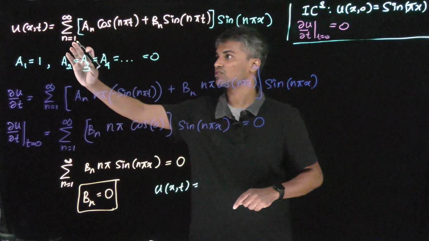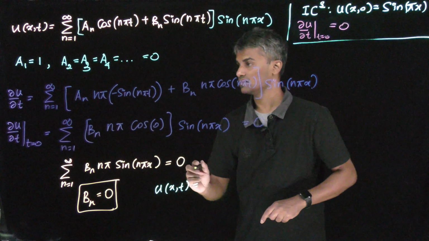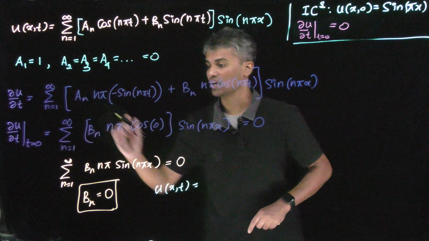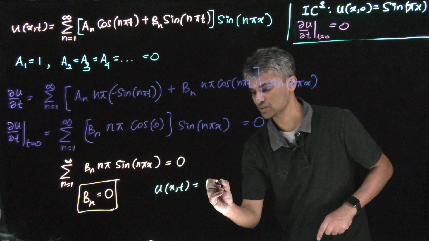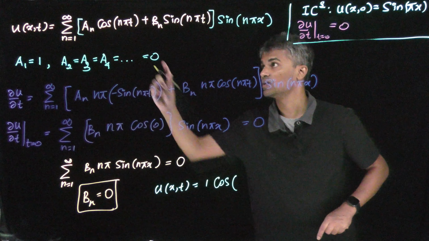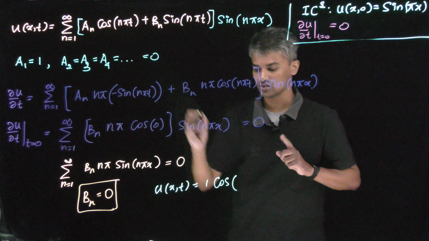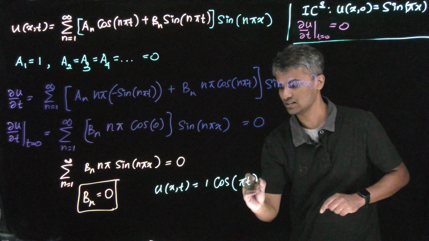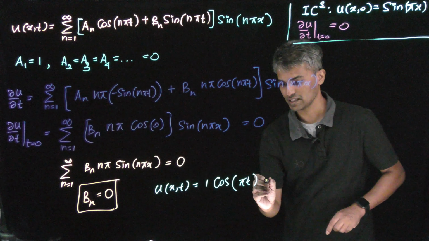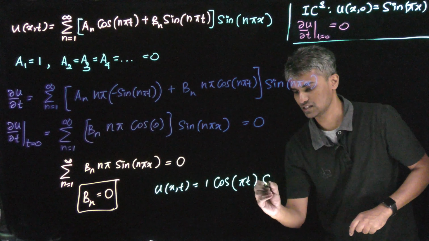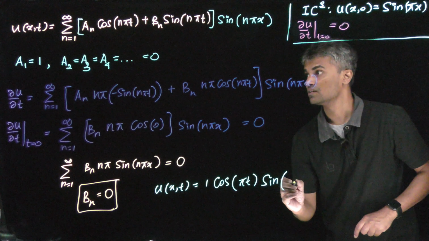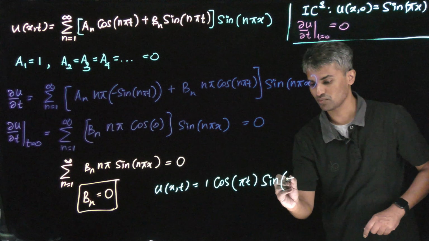So, if n equals 1, you will get a1 equals 1. So, 1 times cosine of n is 1. So, we have cosine of pi t times this term sine of pi x, now that n equals 1.